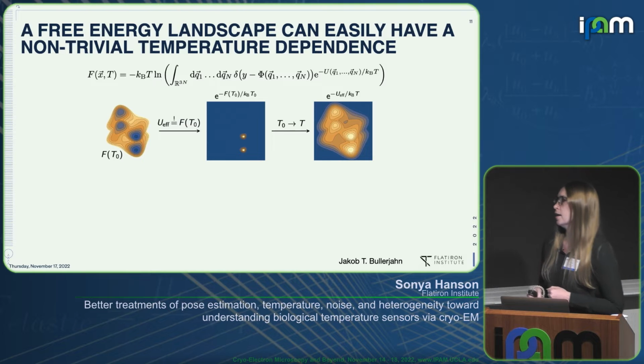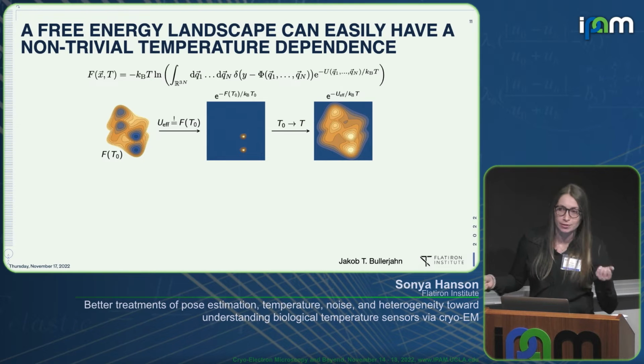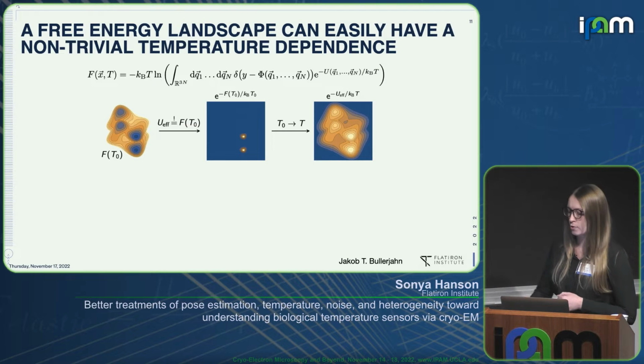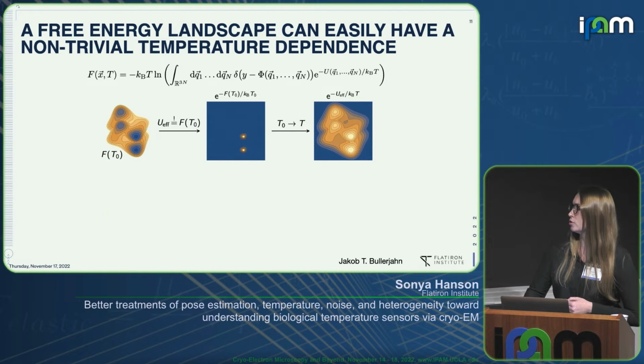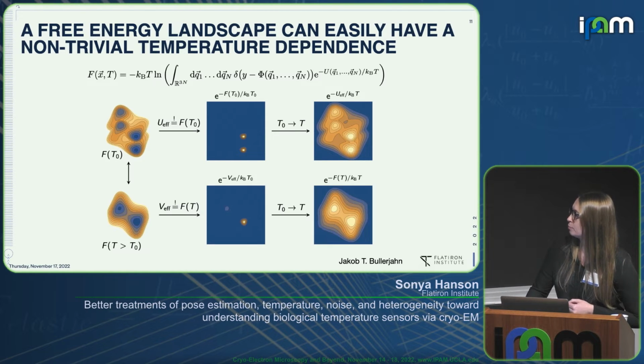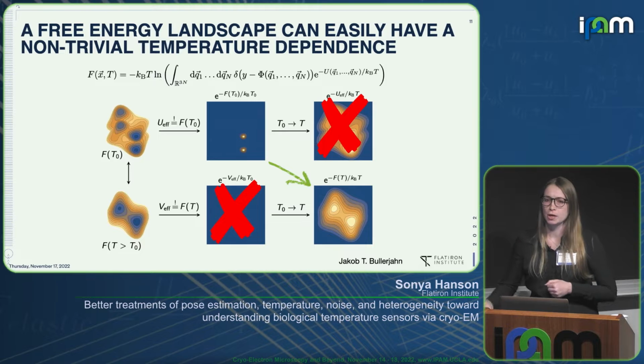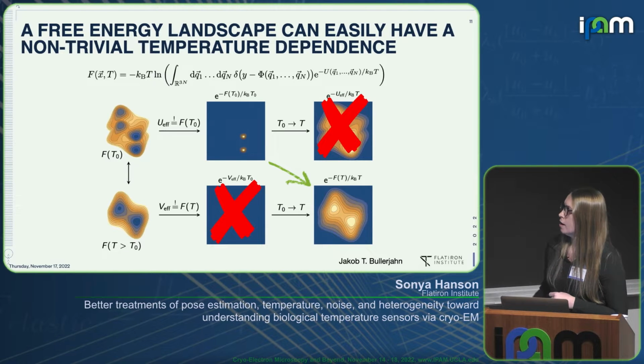But in fact, and we don't know yet if this is the case for TRP channels, you could easily have a temperature-dependent free energy, which changes this picture to something more like this, where we have really a non-trivial relationship between our free energy landscapes at two different temperatures.